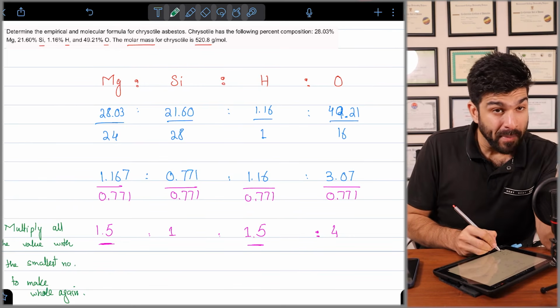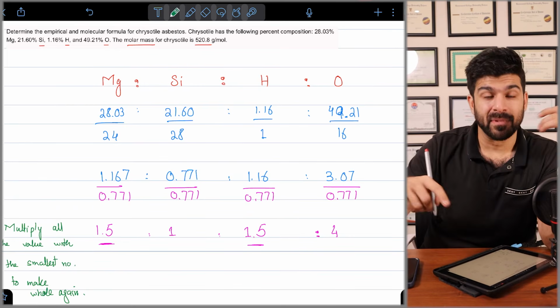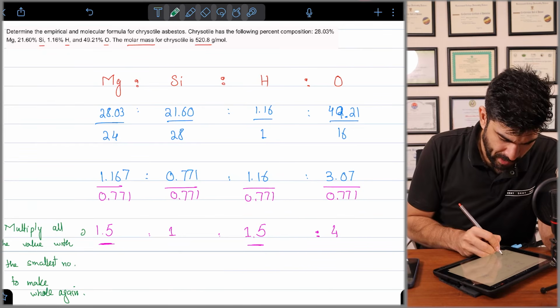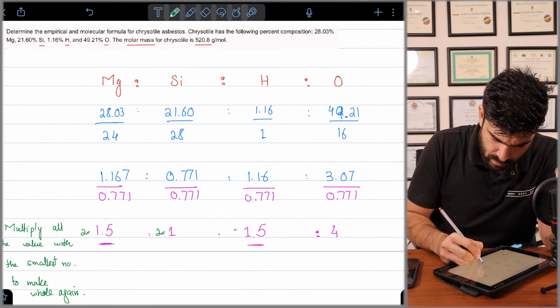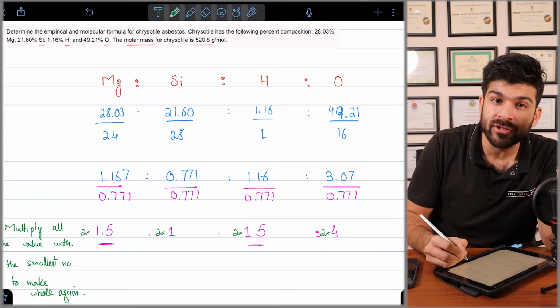If I multiply by 1, it's going to be the same. Let's try it with 2. If I multiply all the values by 2, I guess we will meet the end result.